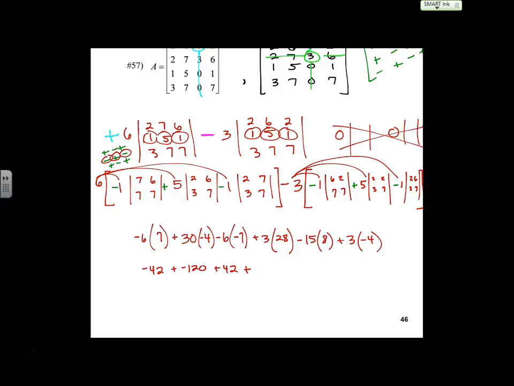Let's see if I get the same thing. 84. Minus 8 sets of 15 are 4 sets of 30. That'd be 120, right? And then minus 12. Those cancel. Negative 240, negative 252, plus 84.